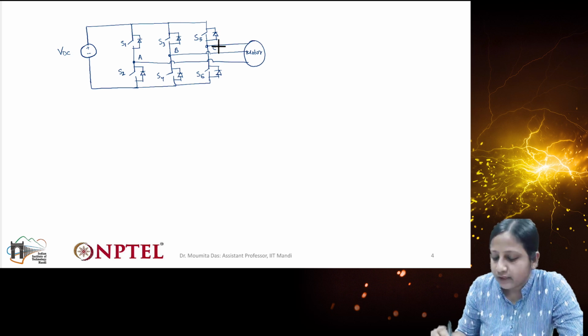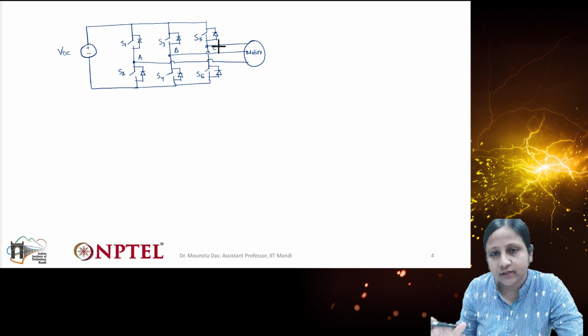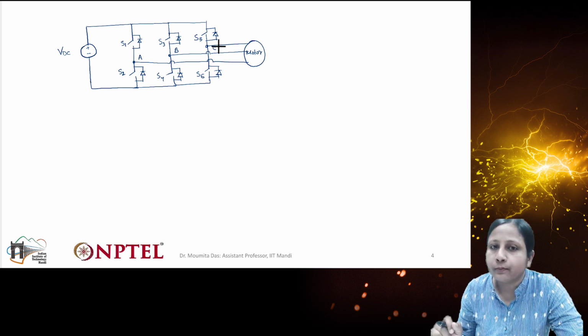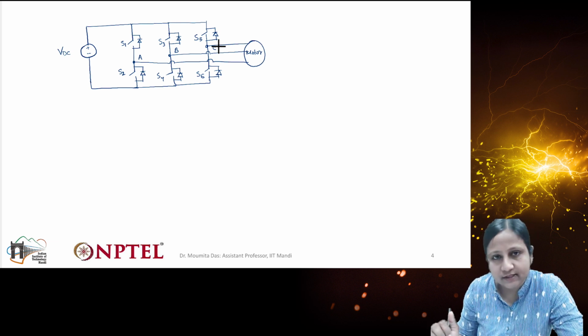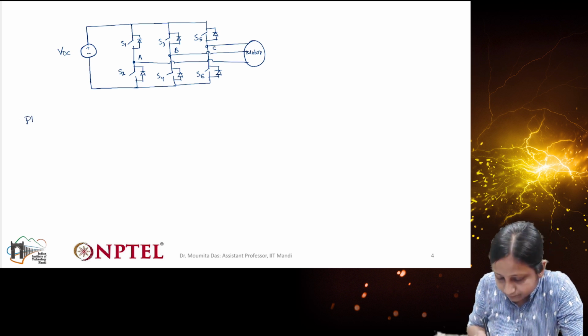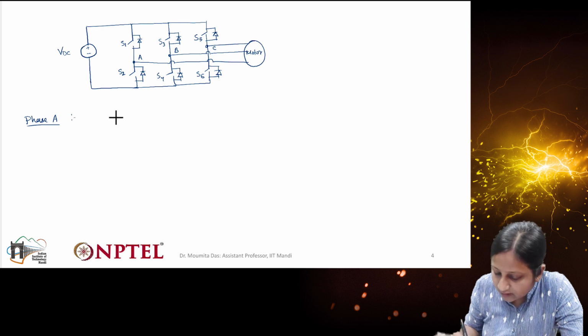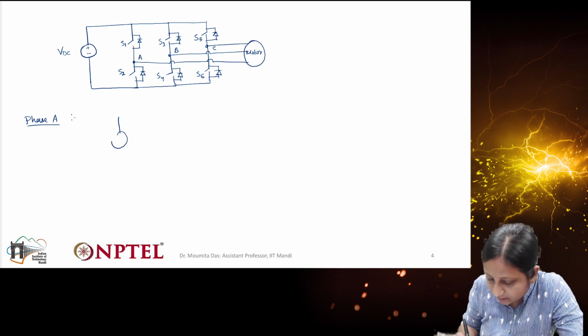If we consider any one phase, the other phases will follow a similar principle. So let's try to understand how switches commutate in a particular phase. Let's consider phase A. If I try to draw phase A and the associated switches in this leg, the DC voltage source will be connected at the input as in the previous diagram.